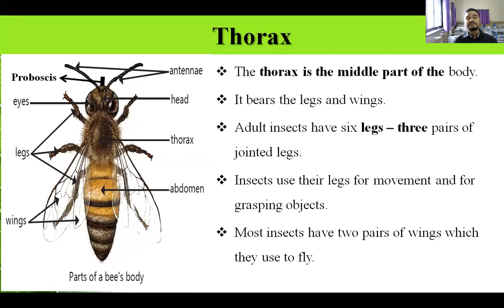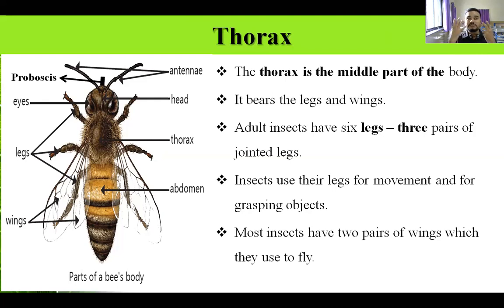Next one is thorax. So thorax is the middle part of the body and it has legs and wings. How many legs do these insects have?